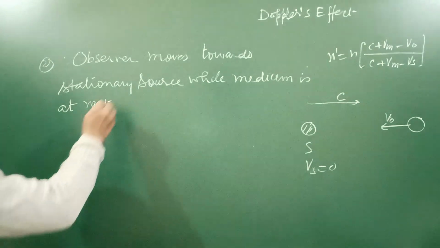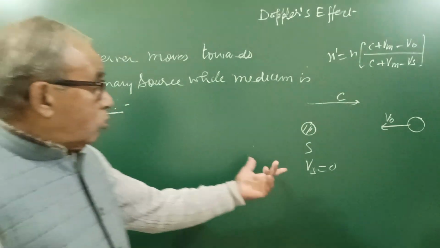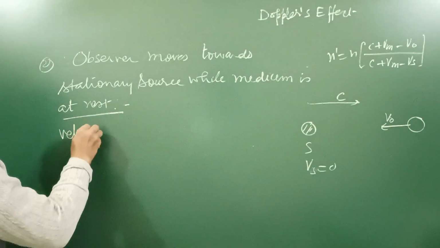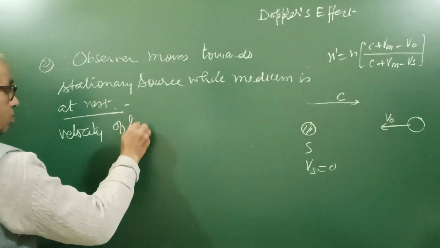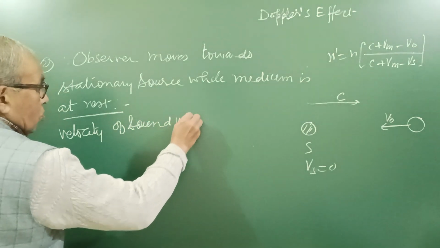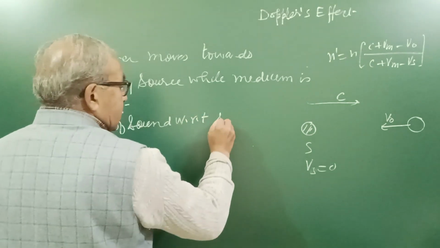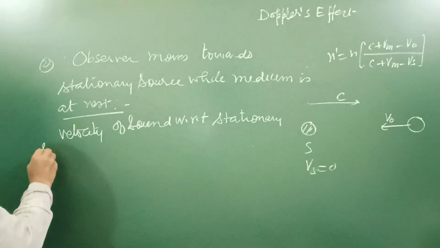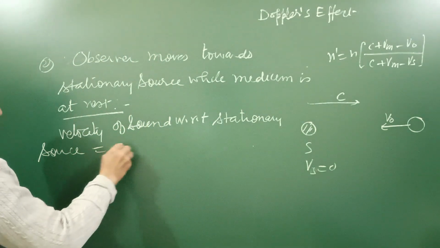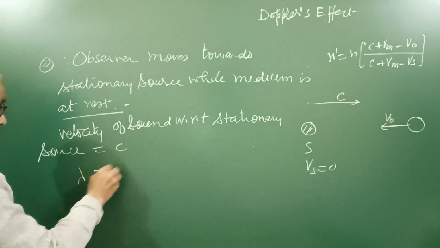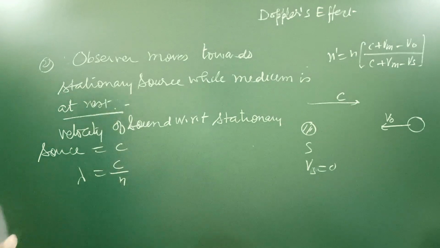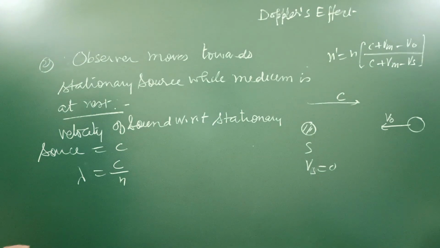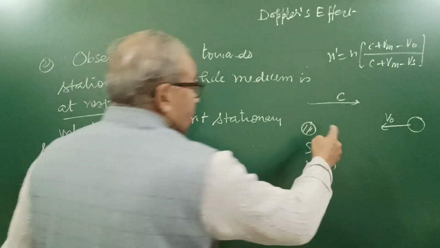Here, with the source at rest and the medium at rest, the velocity of sound with respect to the stationary source is C, so lambda equals C by n. Now the wavelength will not change, since earlier the change was in C. Now these wavelengths are received.